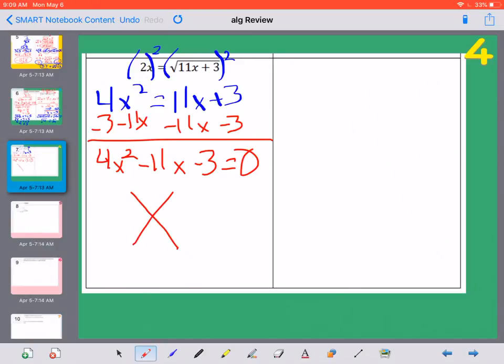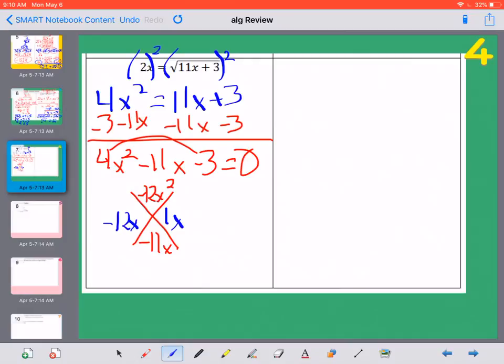So I'm going to draw my box here. 4 times a negative 3 is going to give me a negative 12x squared. Then I'll have negative 11x down here. The two numbers that add up to negative 11 and multiply to negative 12 are negative 12x and 1x.